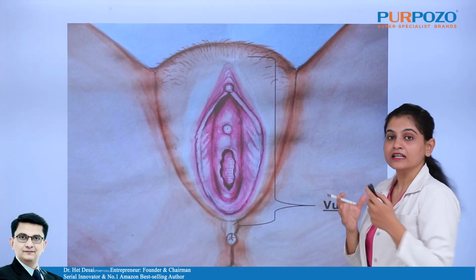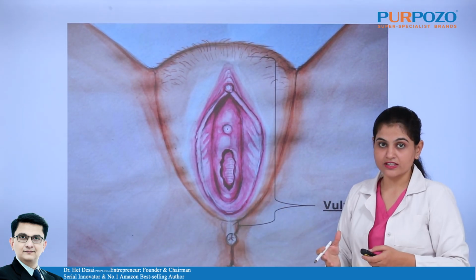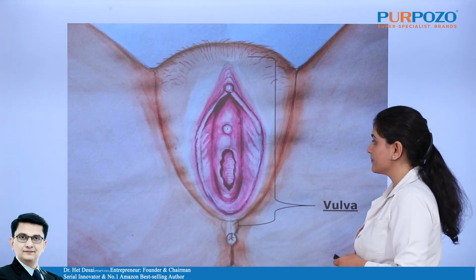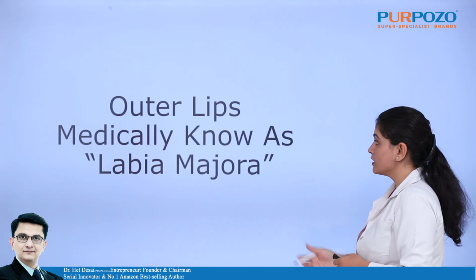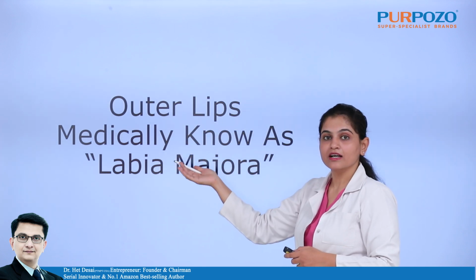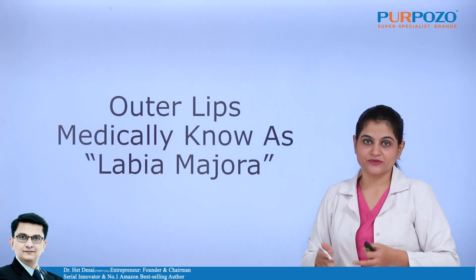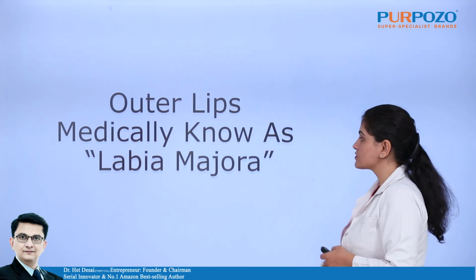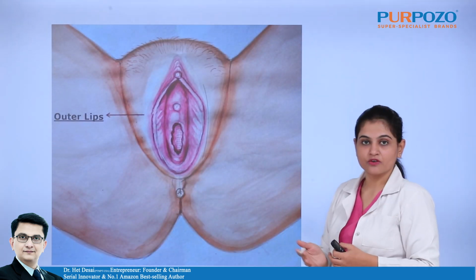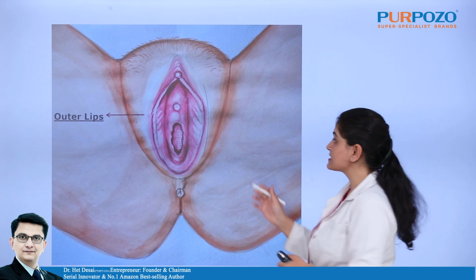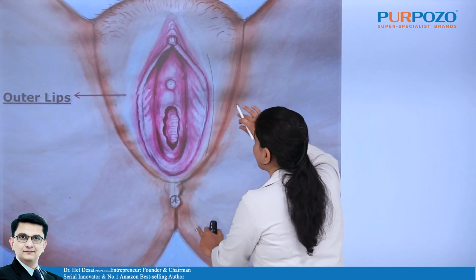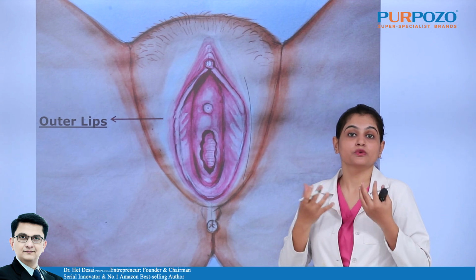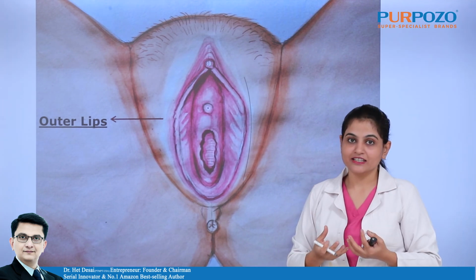The vulva contains many other structures. Let us look at all these structures one by one. The next structure in the vulva is your outer lips, medically known as the labia majora. The outer lips are the thick fatty skin folds which you see on the private part.